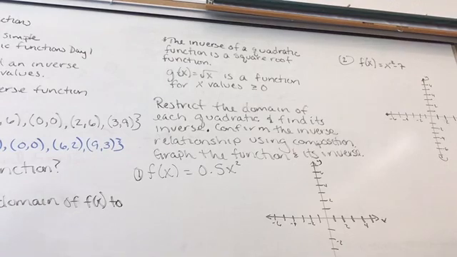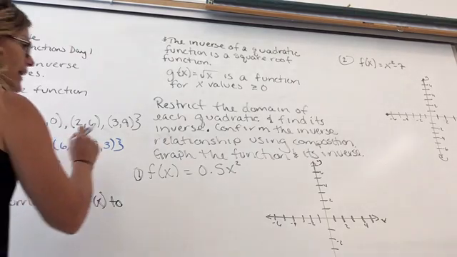Whenever we're restricting the domain, we want it to be a positive value, greater than 0. Since this is being multiplied, as long as the x value is greater than 0, we're okay.